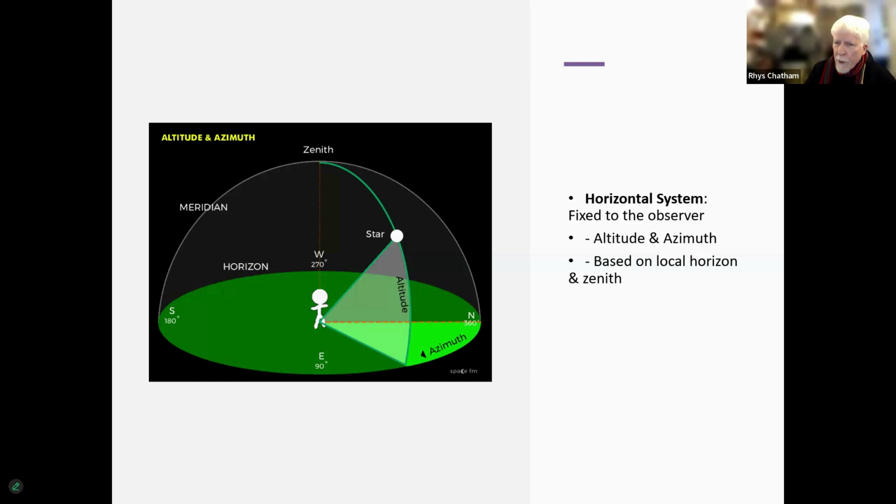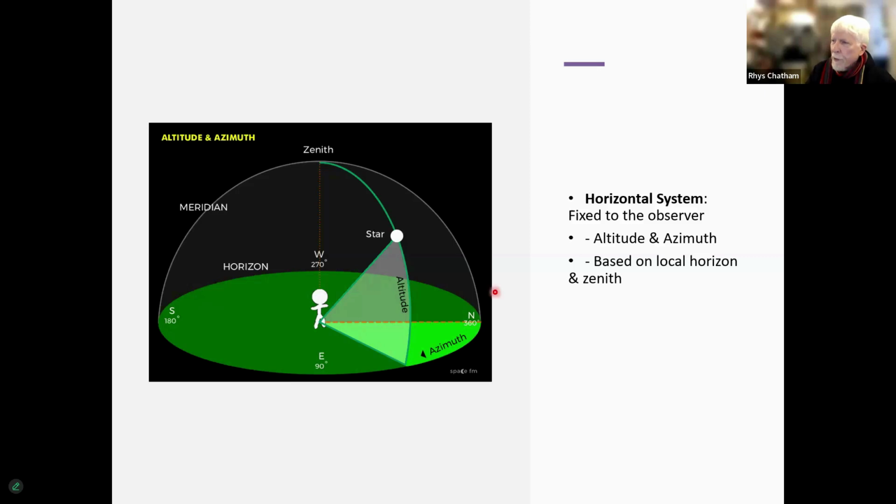In the horizontal reference system, we're referencing the horizon. So we use altitude, or how high something is above the horizon, and azimuth, which is its direction along the horizon, starting with the due north position.